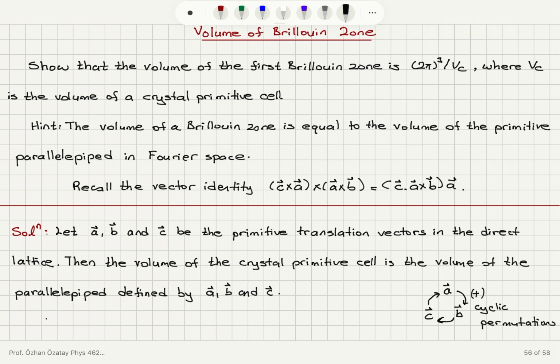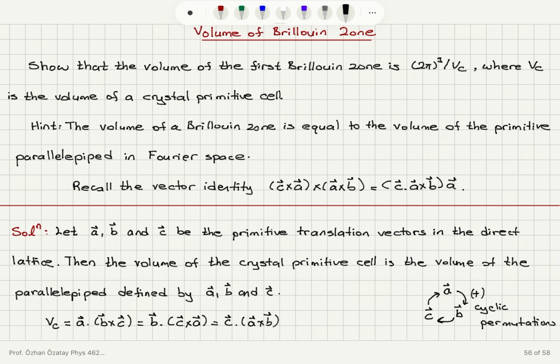The volume of the primitive cell is A dot product with B cross C. So we start with A and then we go to B and C. If you start with B, it's B dot product with C cross A. If you start with C, then it is C dot product with A cross B. So that's how we calculate the volume of this parallelepiped.